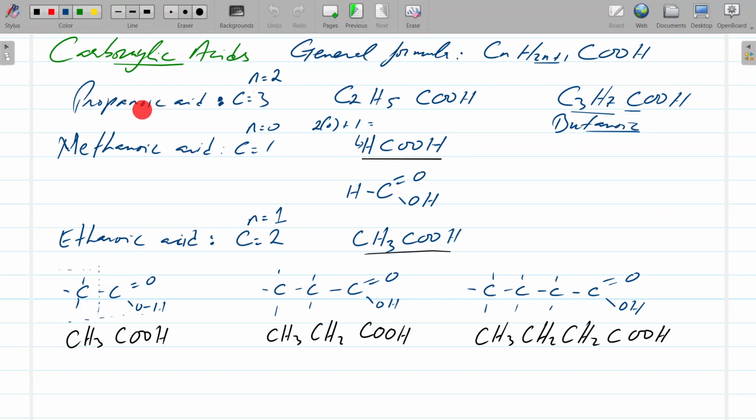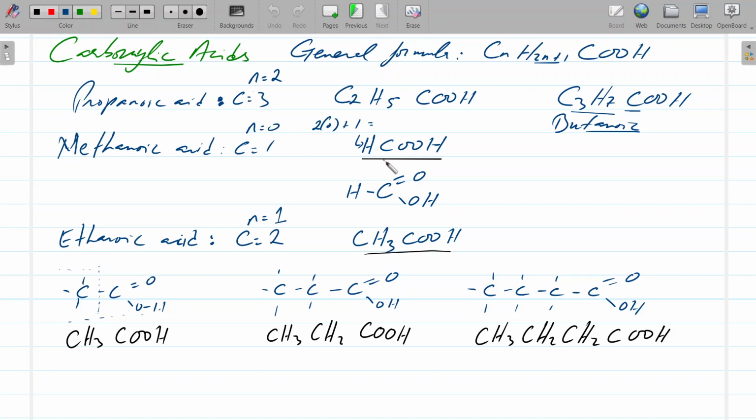So for propanoic acid, where you have a total carbon count of 3, the n coming into the formula will be 2, because one of the carbons is with the functional group.